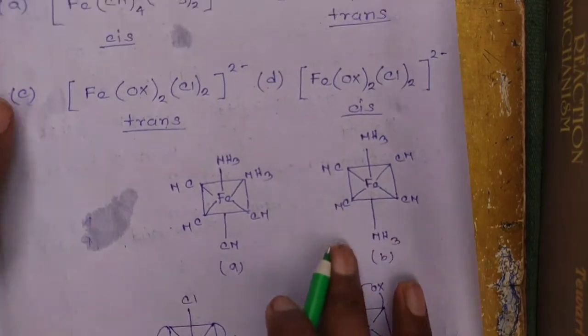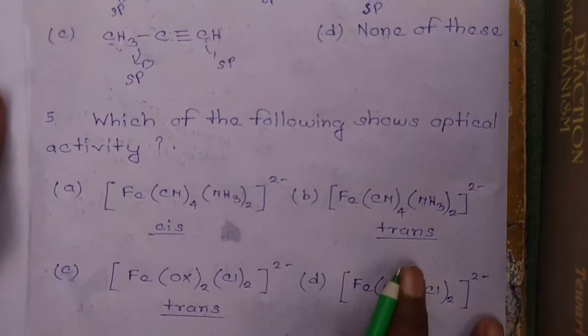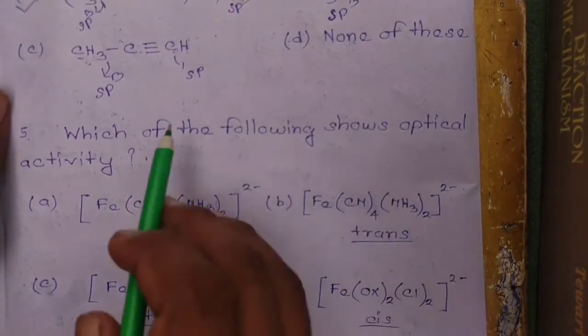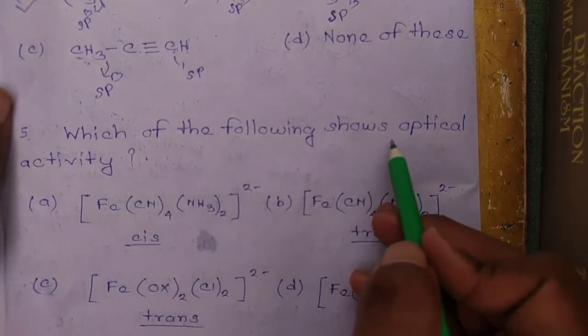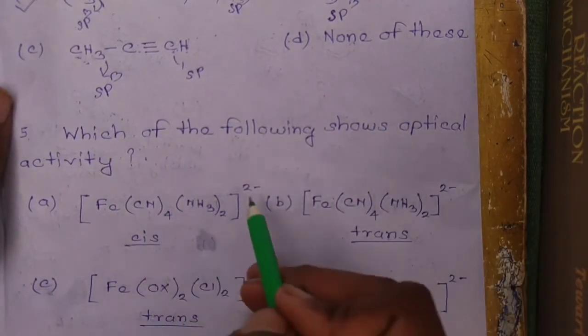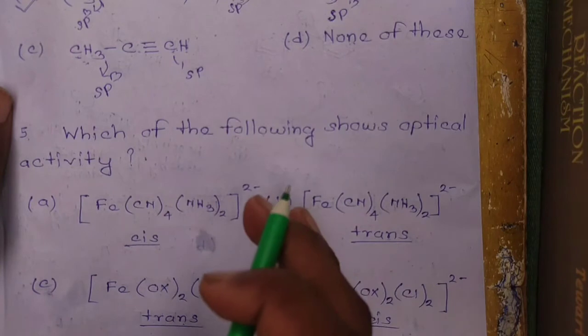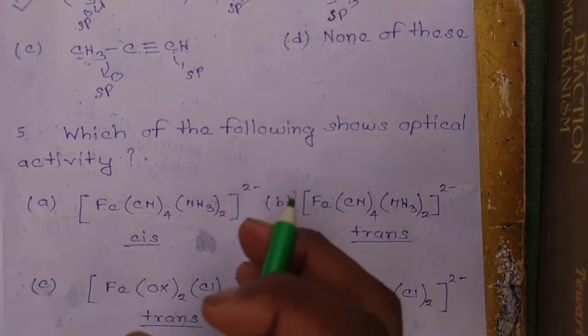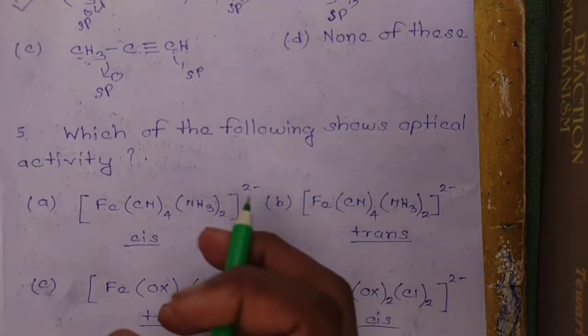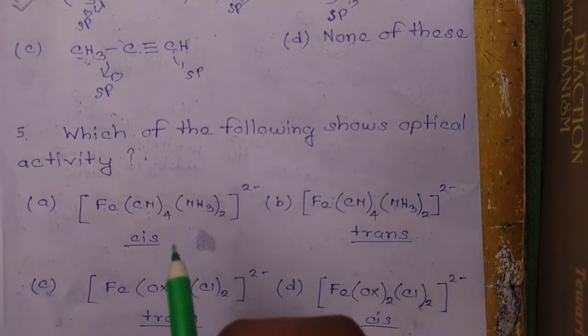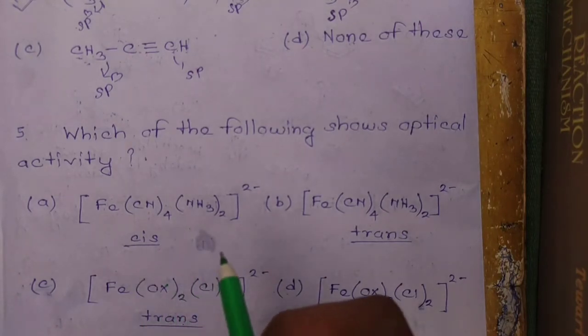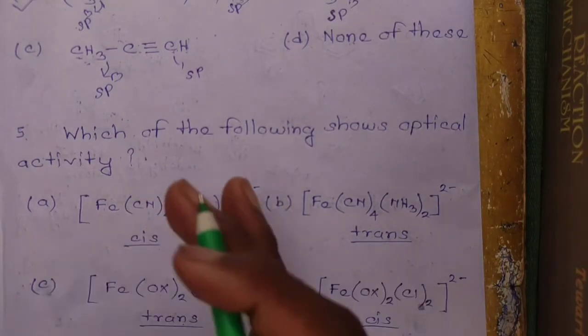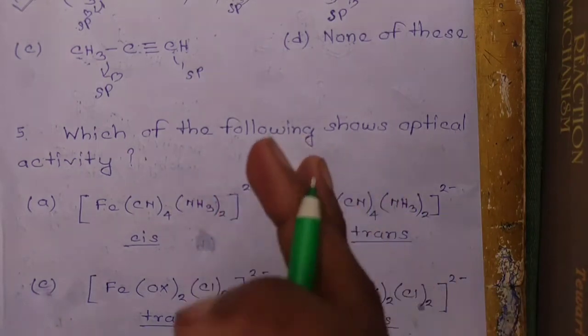So now what the question says is which of the following shows optical activity. Now to be optically active, a compound should not contain any plane of symmetry. When it contains a plane of symmetry, it would be optically inactive.